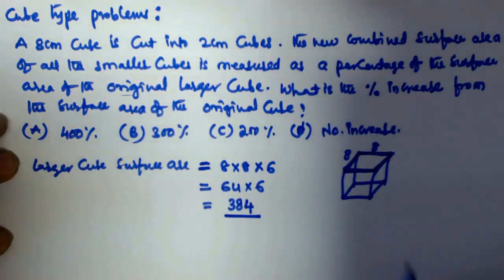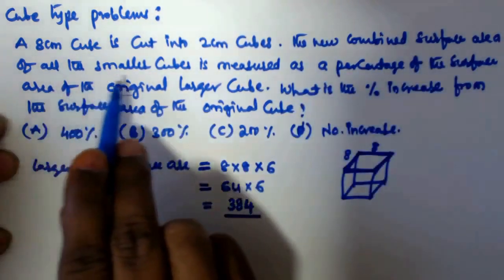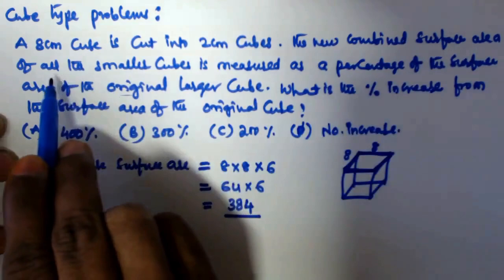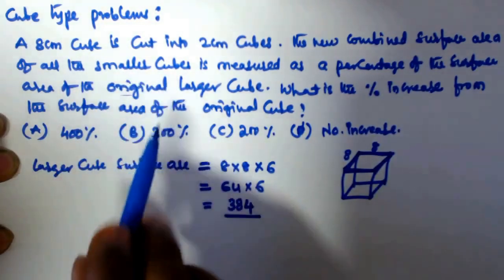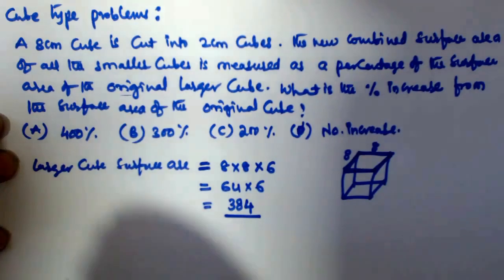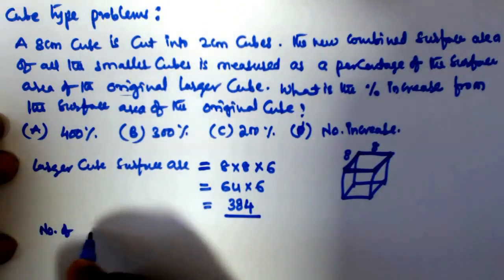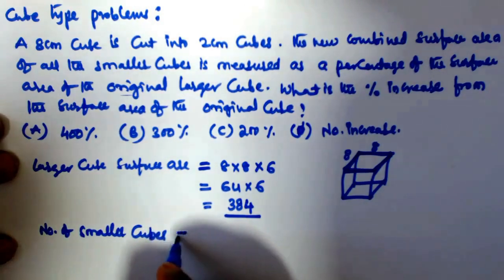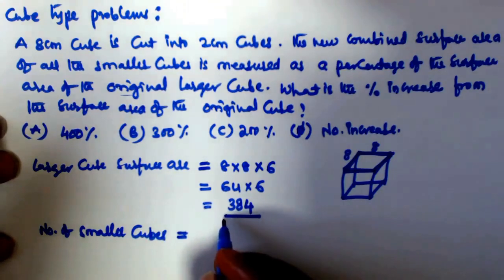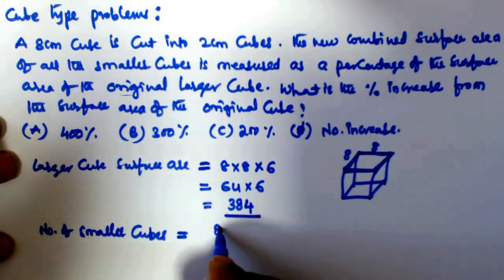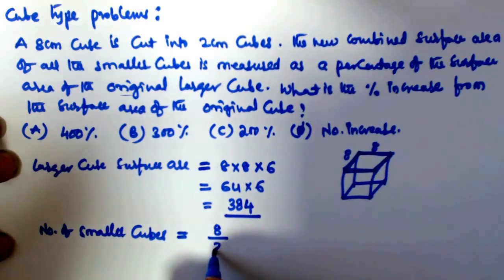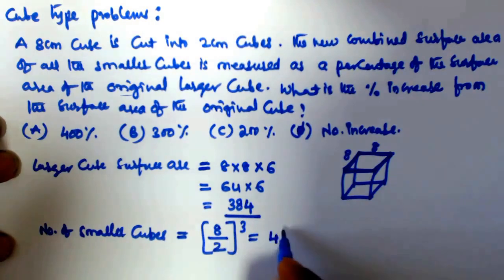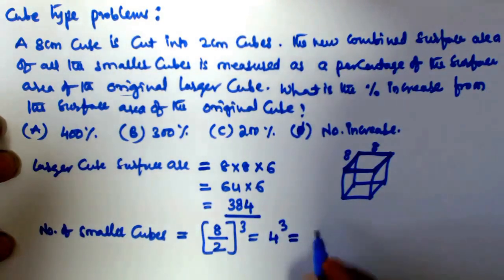Now we have to find the new combined surface area of all the smaller cubes. To find that, first we need to find the number of smaller cubes. As I told in the previous videos, the number of smaller cubes is equal to the size of the big cube divided by the size of the small cube, to the power 3. So this is going to be 4 cube, and 4 cube is 64.